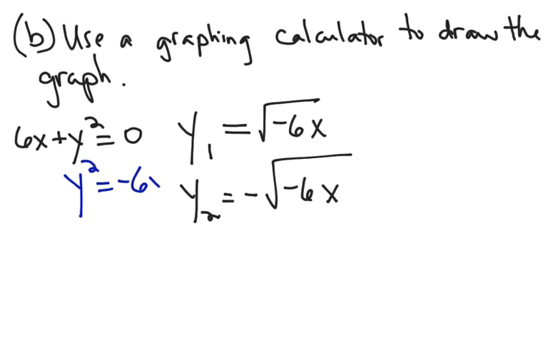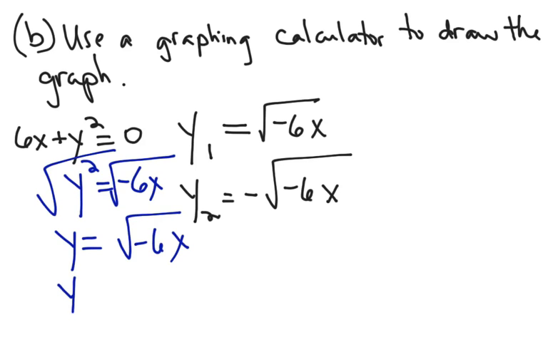So we know that y squared is equal to negative 6x. To get rid of y squared, we take the square root of both sides. But when you do that, you have to make the positive square root and the negative square root. If you graph one of these in y1 equals and one of them in y2 equals, it'll show you both halves of this parabola that opens to the left.